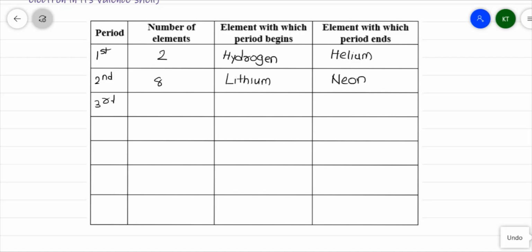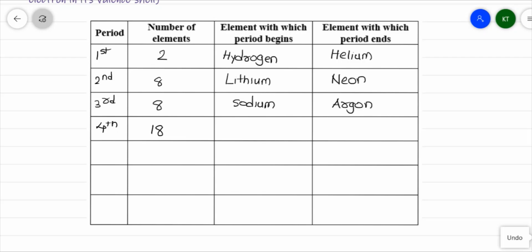The third period has 8 elements. It starts with sodium and ends with argon. Then the fourth period has a total of 18 elements.